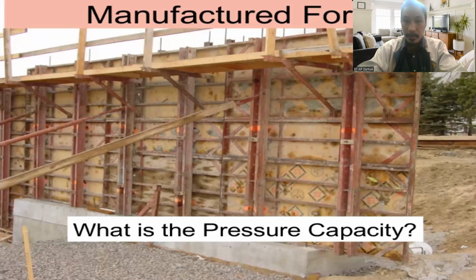Okay? For example, the original price of the formwork for the whole building sometimes is actually about 30% to 40% of the total cost of concrete itself. And 30% is a big cost.